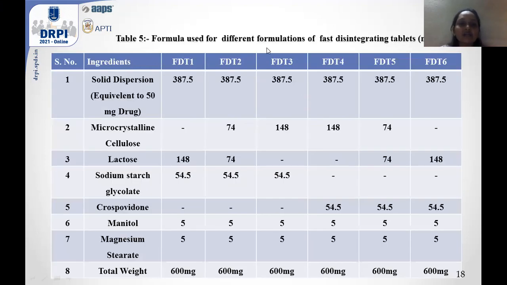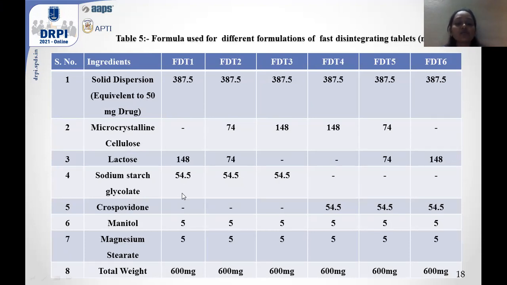And here is the formula used for different formulations of fast disintegrating tablets. Here we have taken 387.5 mg of solid dispersion, which was equivalent to 50 mg of drug, and we have varied the other ingredients, that is microcrystalline cellulose, lactose, sodium starch glycolate, crospovidone, mannitol, and magnesium stearate also.